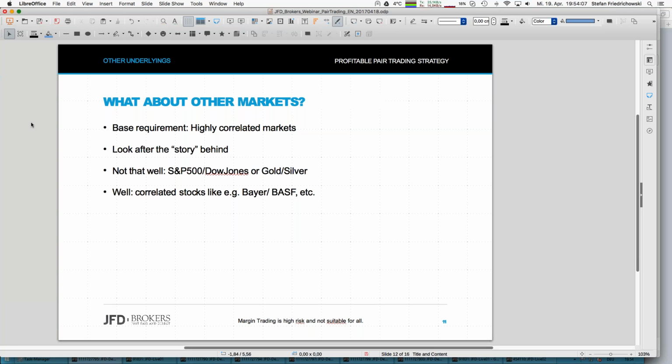Even for gold and silver, the story is not really perfect. In principle, the 2 prices have a correlation. But think about the use of gold and the use of silver.